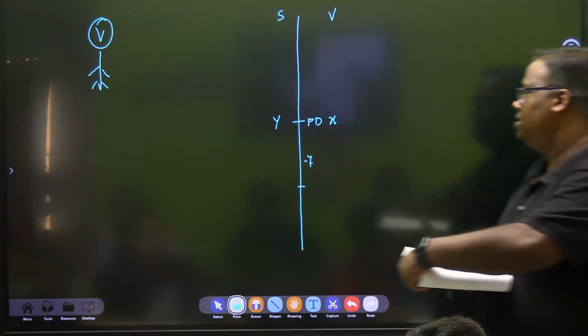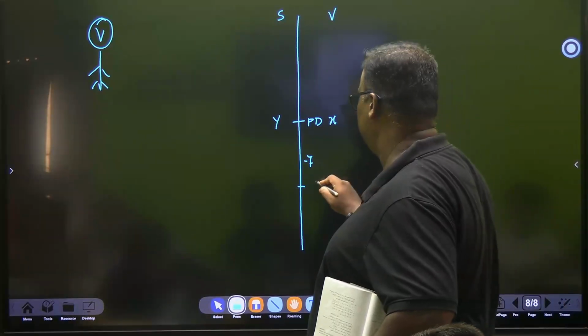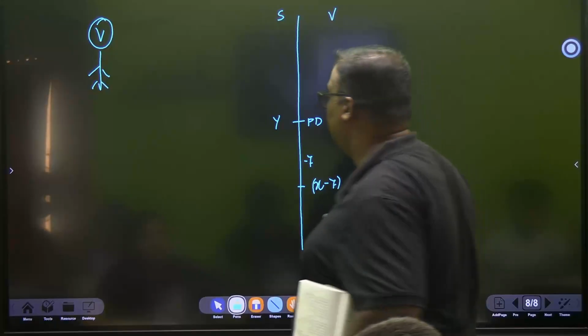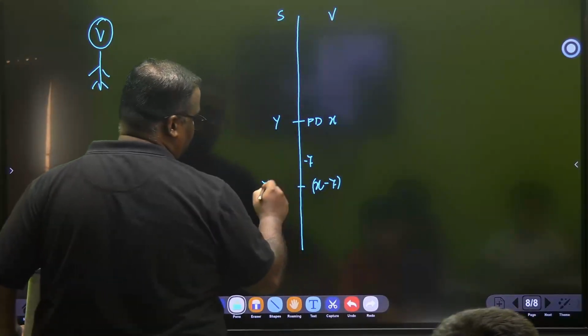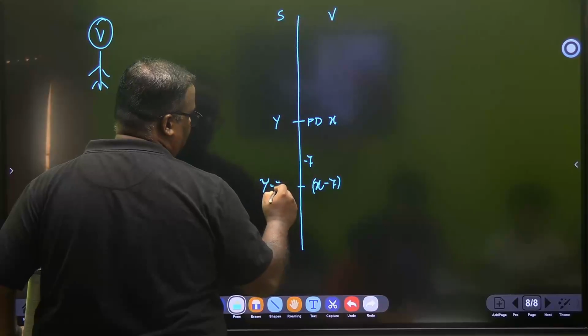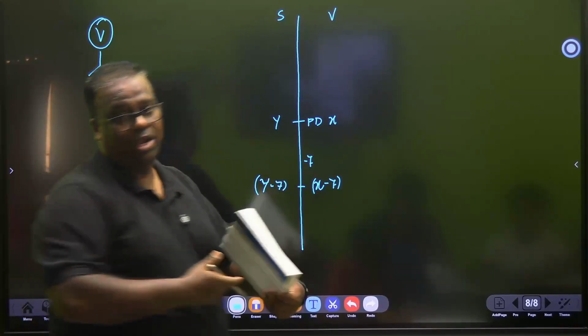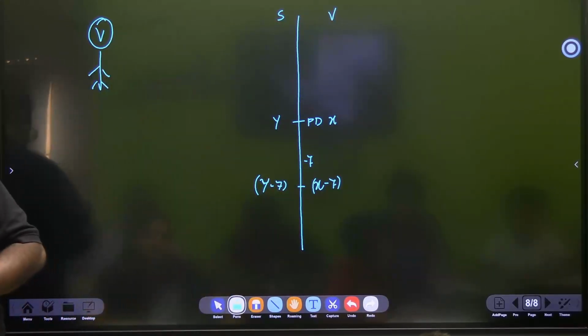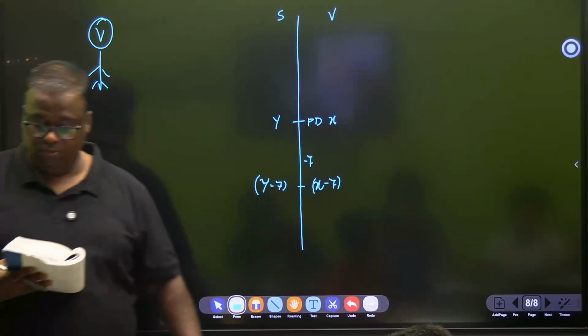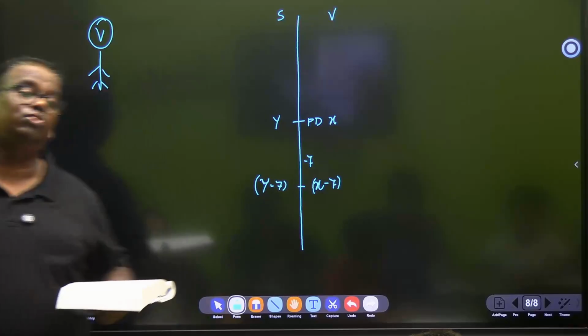Right? 7 years ago, what was Varun's age? What is Swati's age? Y minus 7. But we have to take out this Y. Remember. Okay. 7 years ago, Varun's age was 5 times the square of Swati's age.